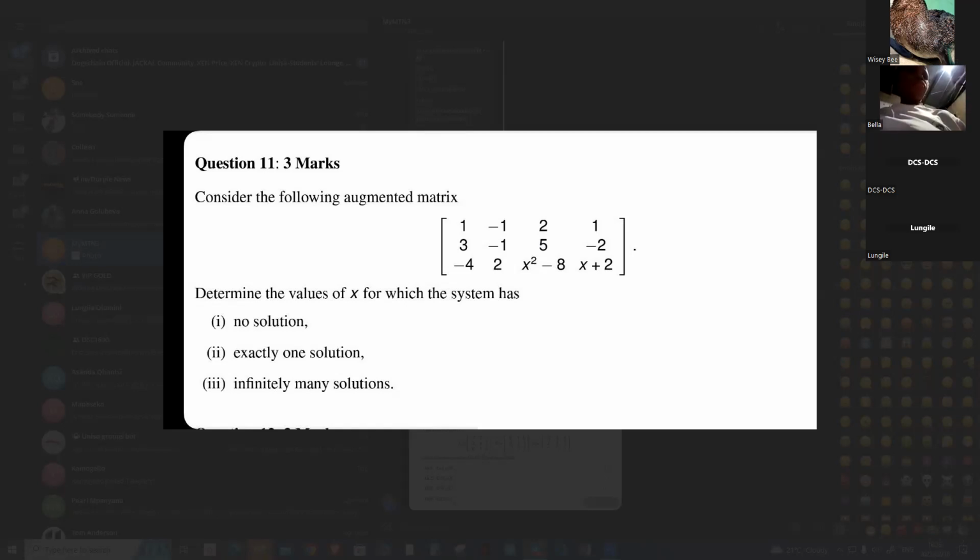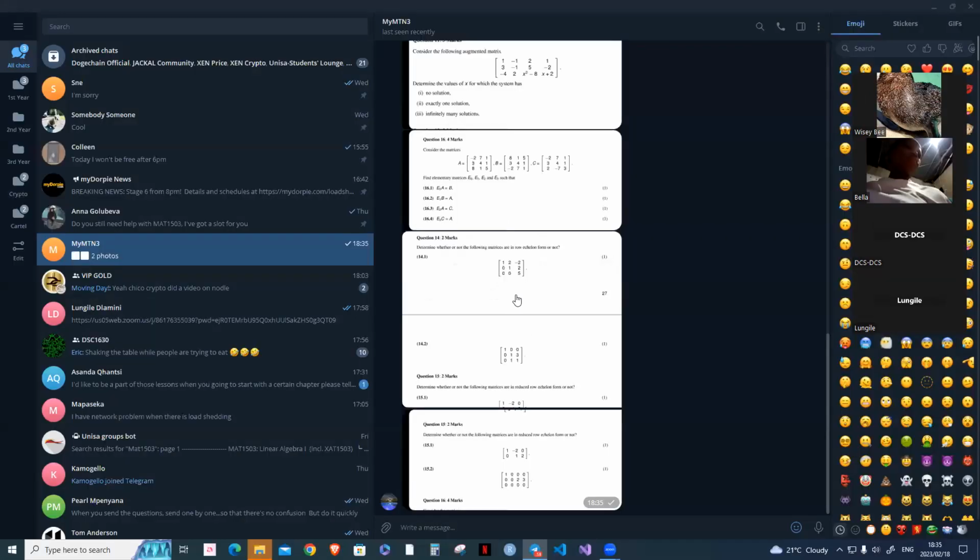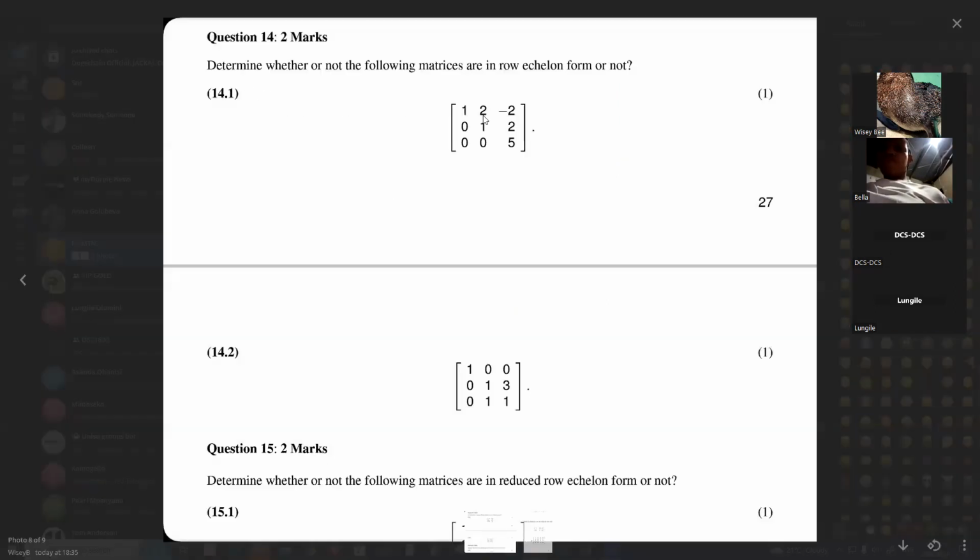Let me just do this one once to make sure, because they're going to come out. Oh, you can see them, right? Can you see question 14? Hello?